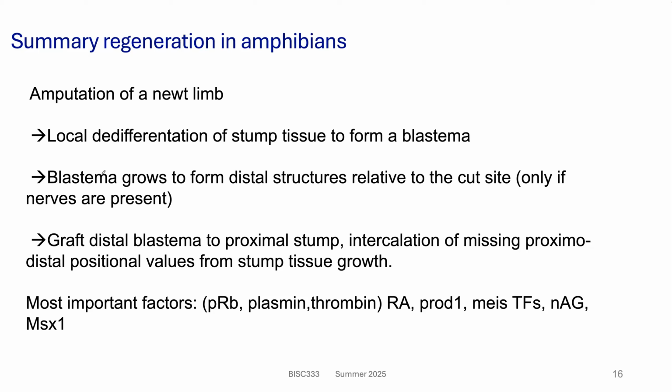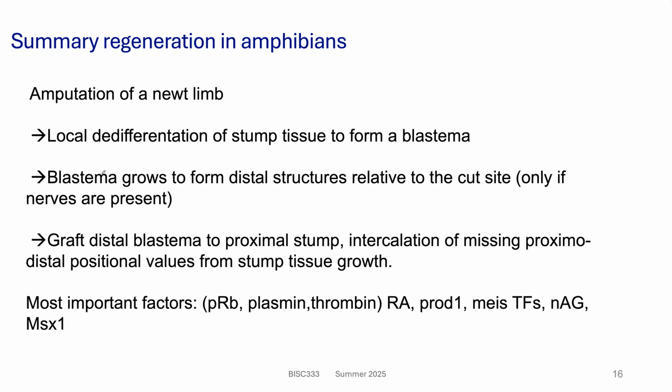So remember, if a newt limb is amputated, there is healing first, and it's very rapid because it covers and protects that wound, and then the tissue underneath the epidermal cap dedifferentiates and divides.